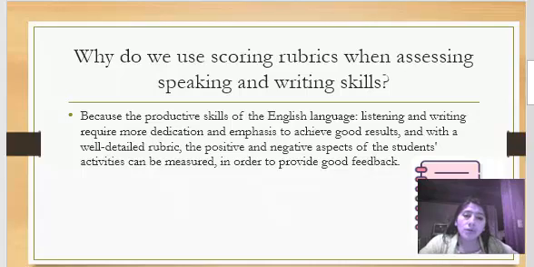The adequate use of evaluation instruments is transcendental for the improvement of the teaching and learning process. The productive skills of the English language, speaking and writing, must have assessment instruments capable of measuring the positive and negative aspects of student learning.